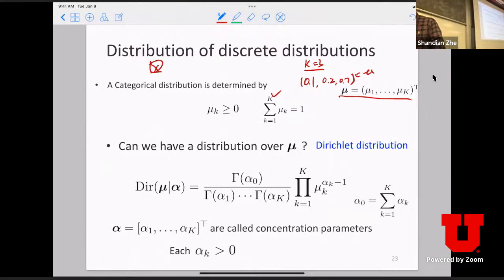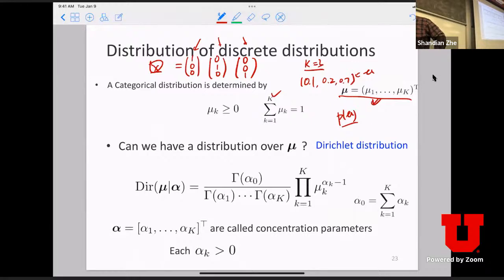The random variable x here, remember, is represented by 1-hot encoding, so the probability that x takes each particular category is determined by the corresponding element in this mu vector. So the follow-up question will be: if I want to assign a probability over mu itself, what kind of distribution is appropriate?